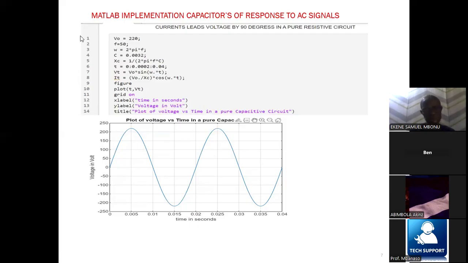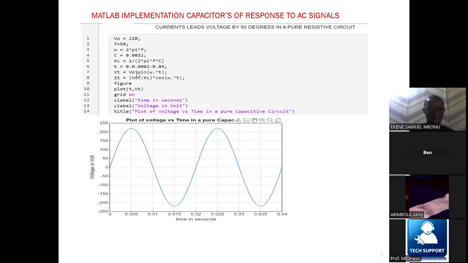So if you want to get 2 cycles like we see here, we multiply it by 2, and that will be 0.04.